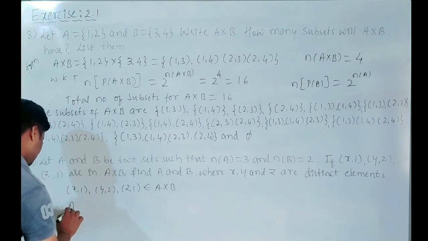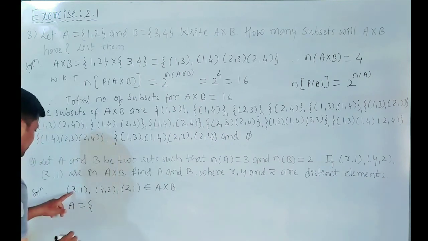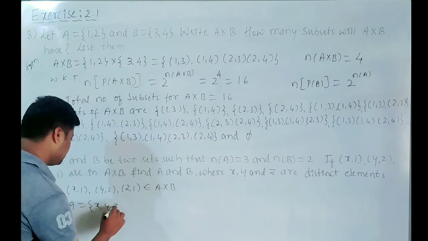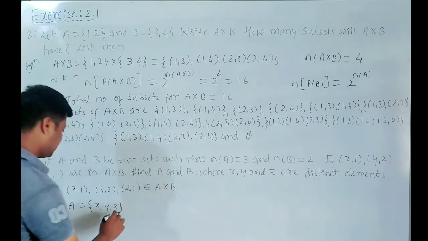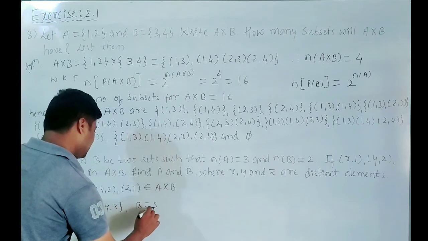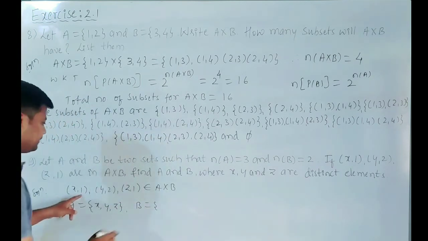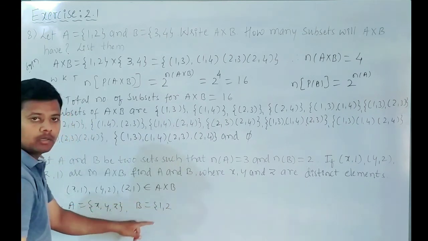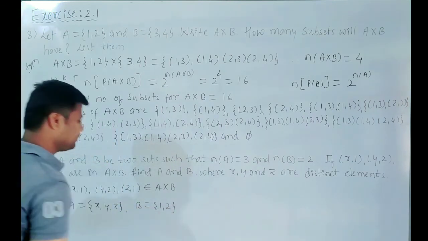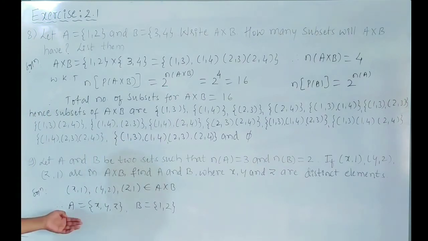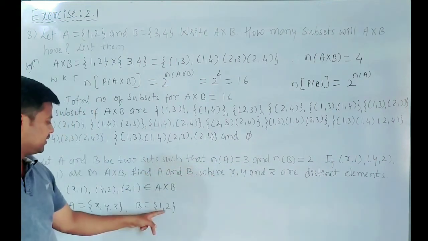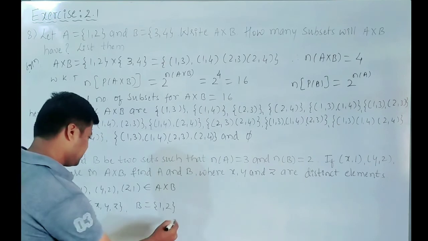Therefore, set A has the first elements x, y, z, which are different elements. Set B has the second elements 1 and 2; 1 was already written, so don't repeat the elements. So this is set A and set B. The number of elements in set A is 3 and in set B is 2, as given.